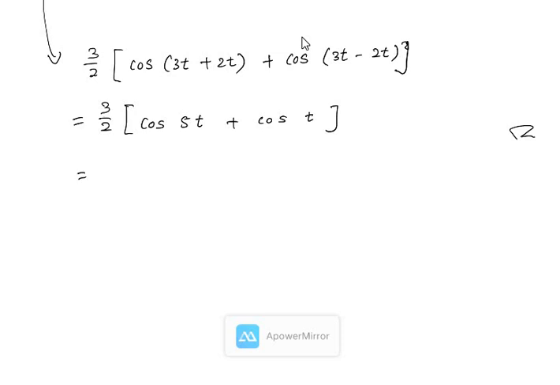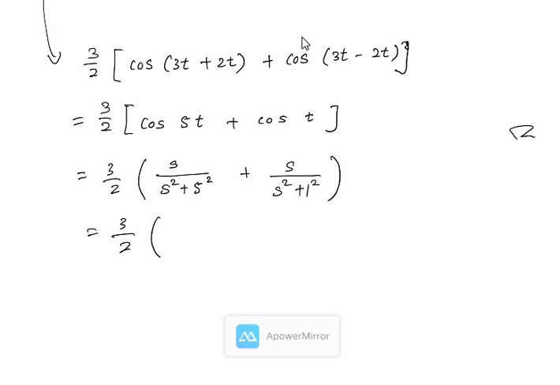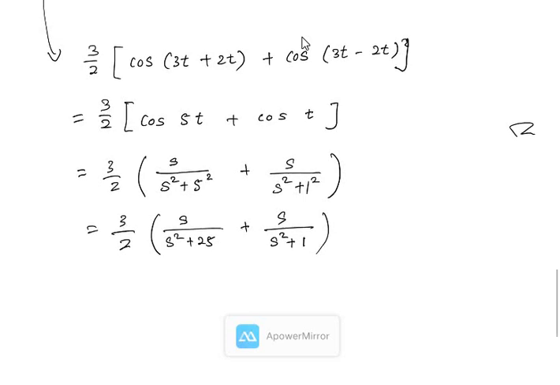So this will be equivalent to 3 over 2 times: for cos 5t, you will get s over s squared plus 5 squared. Then plus cos t, you will get s over s squared plus 1 squared. So you can simplify: s over s squared plus 25 plus s over s squared plus 1. Okay, that's it for this question. And we move to another question.